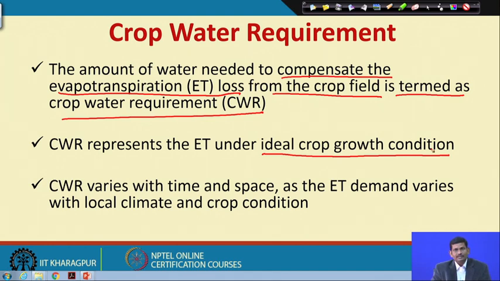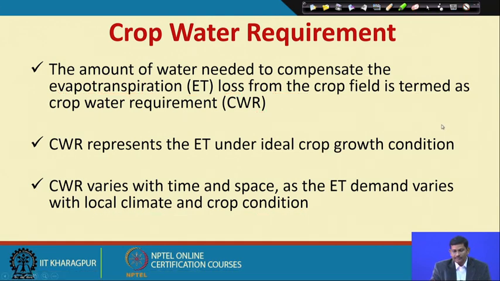For example, at the middle of the crop growth, the initial period, or the end of the period, the crop water varies with time as well as space, like at the tail end and head end. ET demand varies with local climate and crop conditions. ET basically depends on the climatic conditions and also the crop condition, which stage the crop is at.